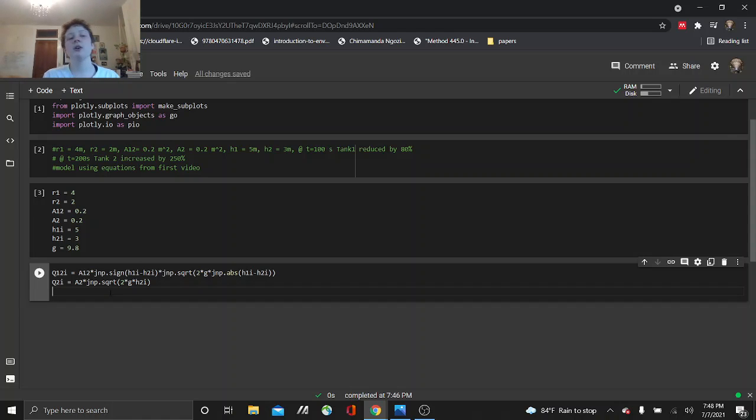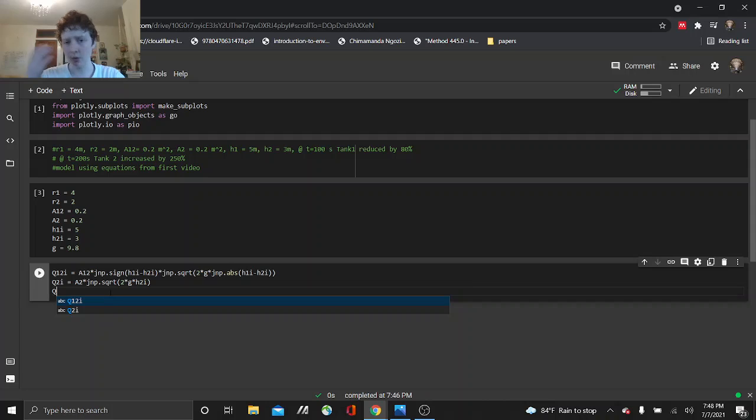So what we're going to do is make a little easy assumption just so we can get those values. We're going to say that the flow rate going in, Q1 in initial, is going to be equal to Q12 initial. It's a steady state, so it's going to be equal. The amount going in is going to be equal to the amount leaving.